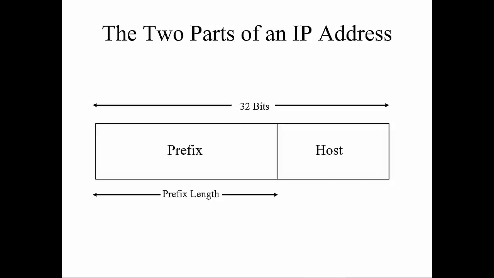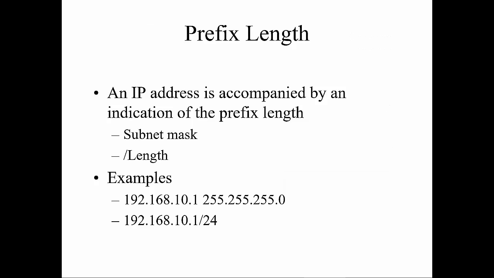An IP address is accompanied by an indicator of the prefix length. This is normally known as a subnet, and it's sometimes written in dotted decimal form, which is 255.255.255.0, or in slash notation, /24 for example. 255, again, is 8 bits. So we have 8 bits in the first octet, plus 8 bits in the second octet, plus 8 bits in the third octet, and 0 bits in the fourth octet.